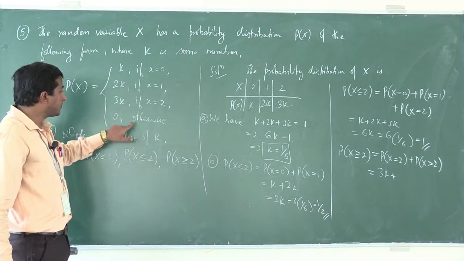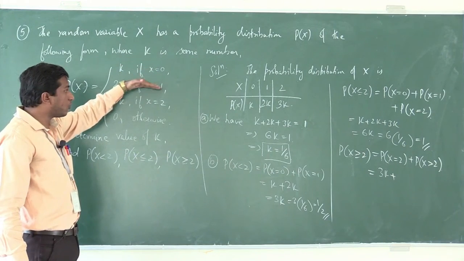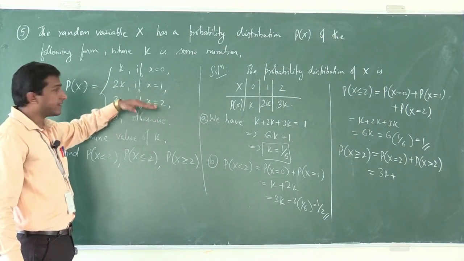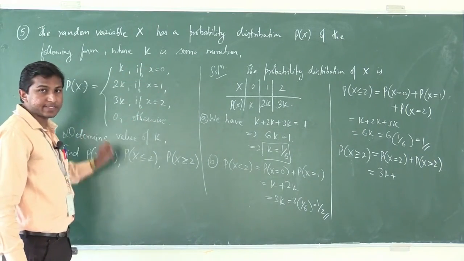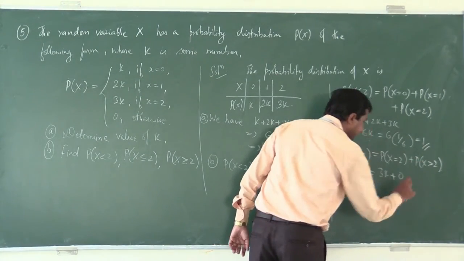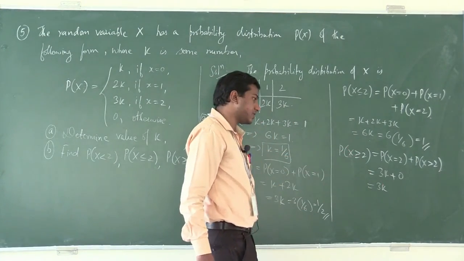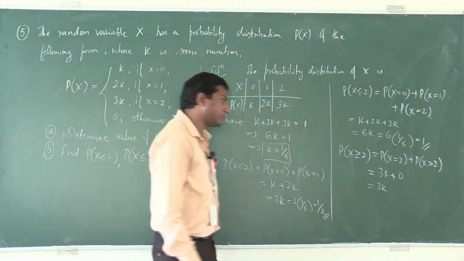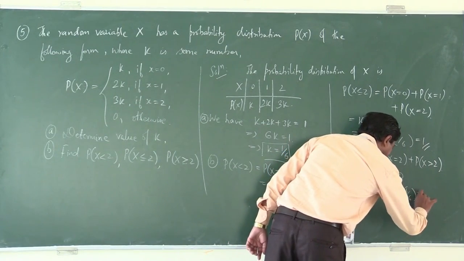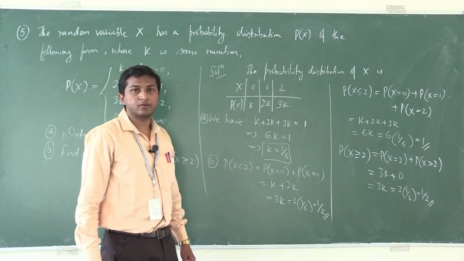Look at the definition. When x takes the value 0, 1 and 2, we have to use these three probabilities. When it is other than these three values, then the probability is 0. So P of x greater than 2, I will take it as 0. Then this is nothing but 3k plus 0 is 3k. Value of k is 1 by 6. So we get 3 into 1 by 6. On simplifying that further, we get it to be 1 by 2.